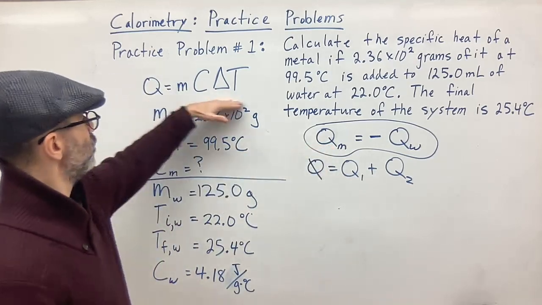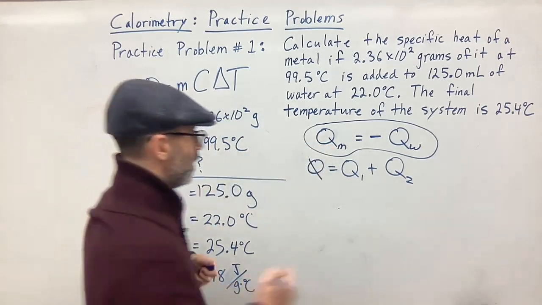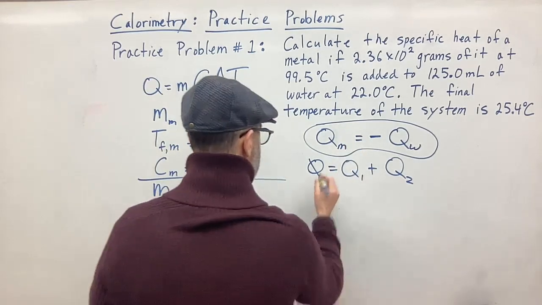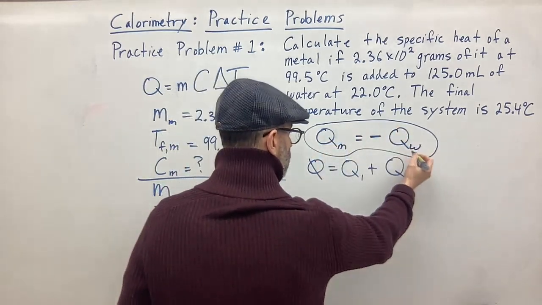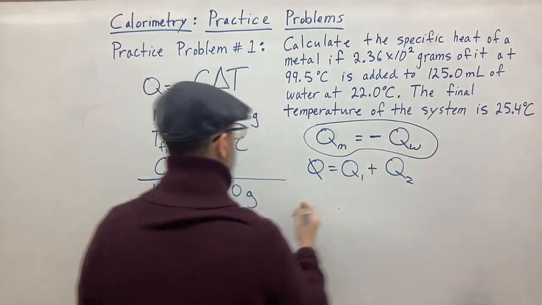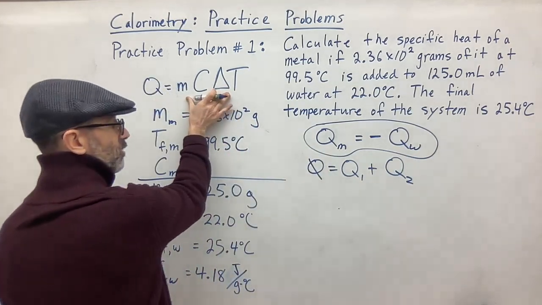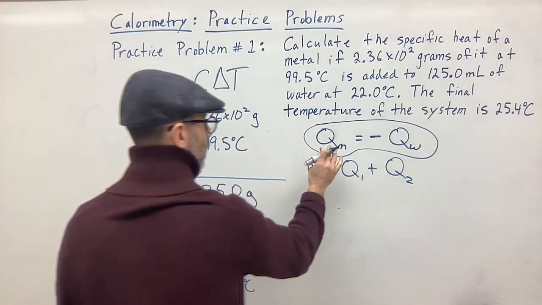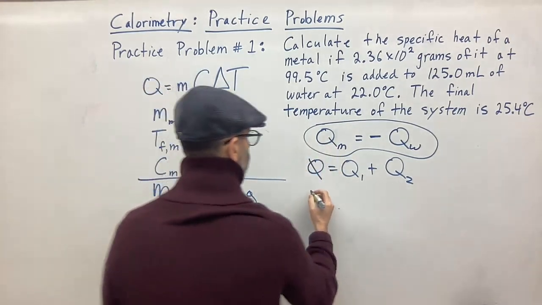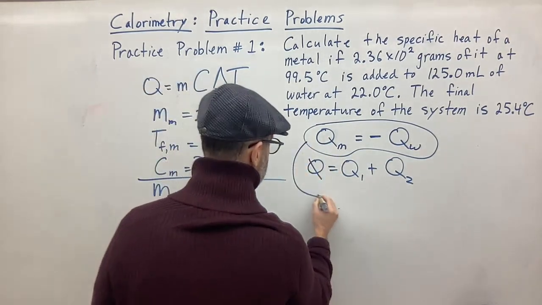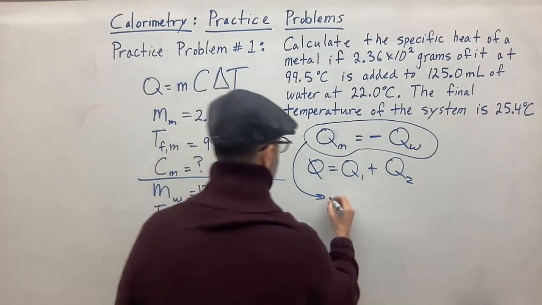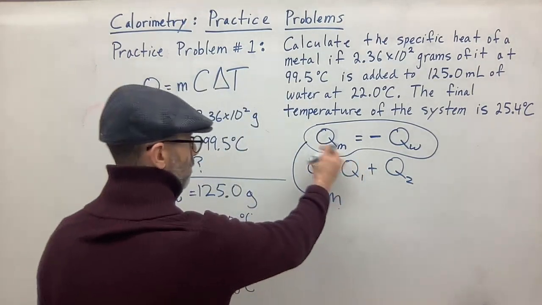Now QM, we're going to use this equation for the metal. QM is equal to negative QW. So Q is equal to this, and we're going to substitute this in for Q. So this is the metal side.